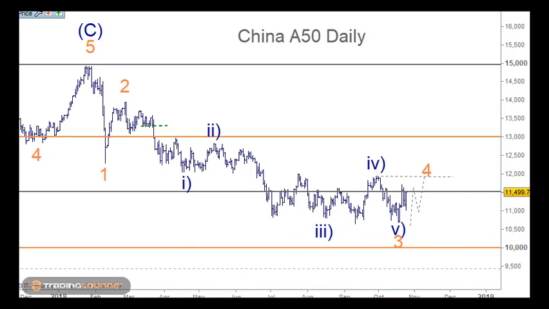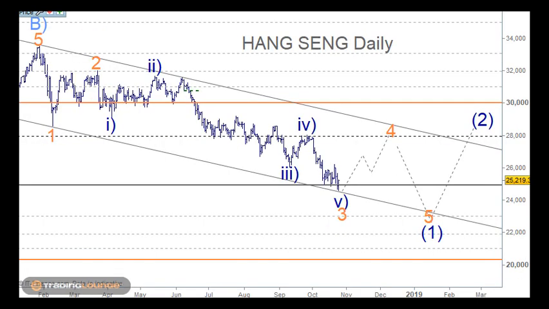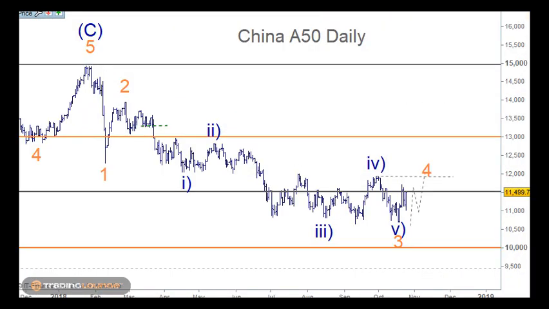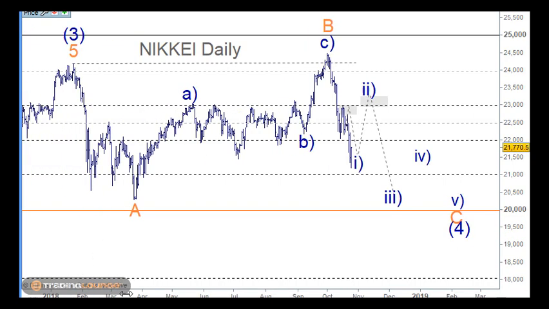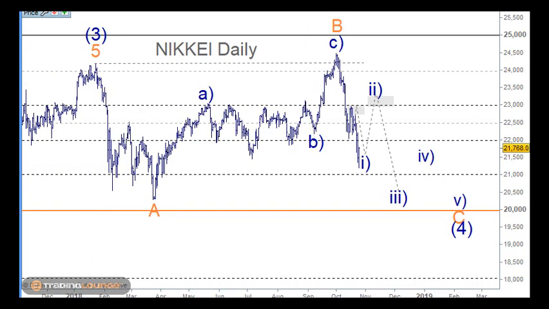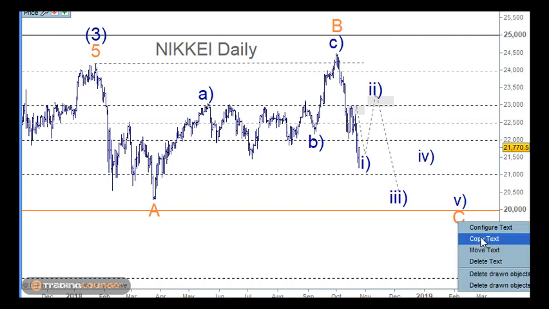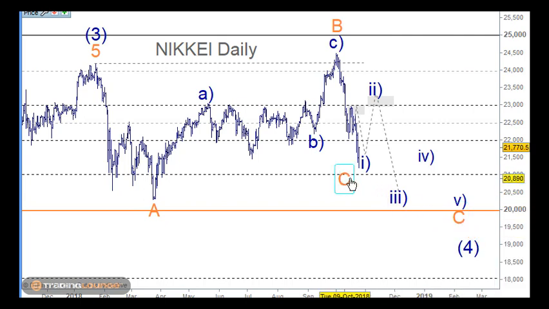Okay, and much the same for Hong Kong, for Japan here. I've got a few things to work out here. I don't know if this is going to do the same thing as the US market. So with this market here, it could be possible that wave C is actually completed in here as well.